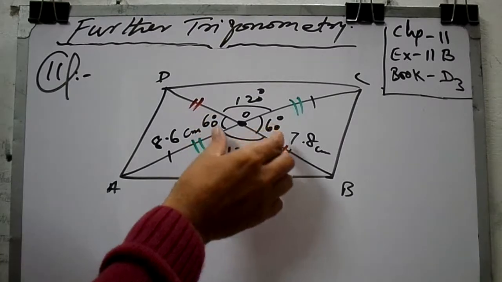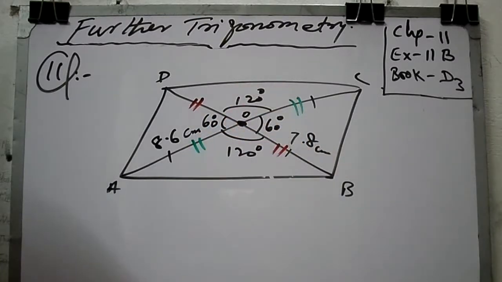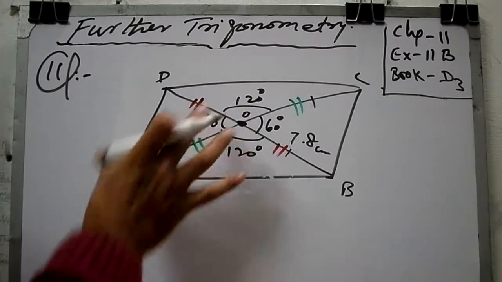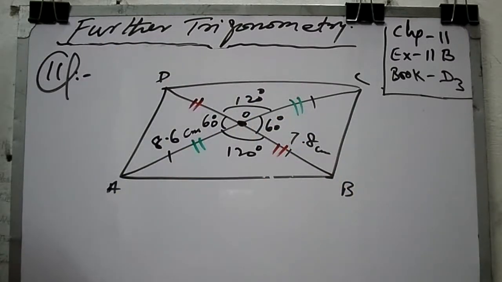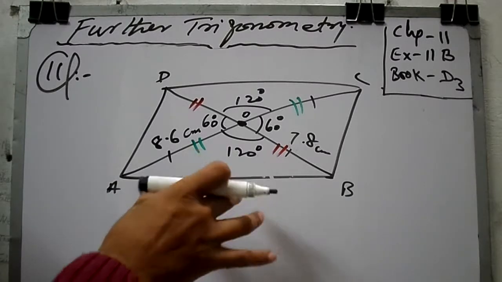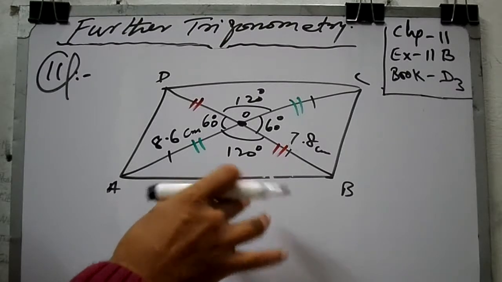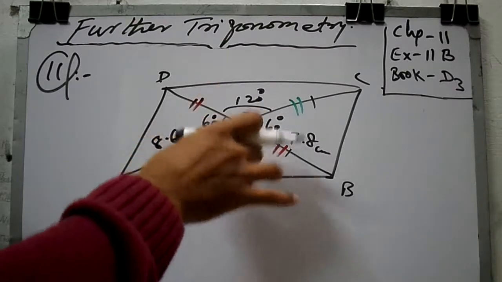As vertical angles are equal, so these angles are also equal. So AC and BD are the two diagonals of the parallelogram. So diagonals bisect each other at these points and have angles 120.